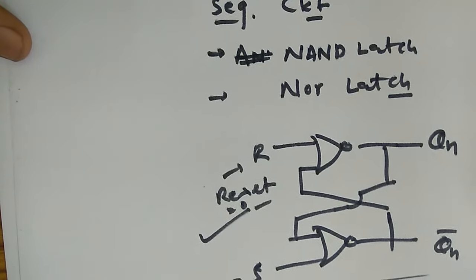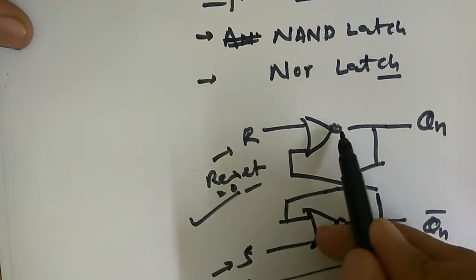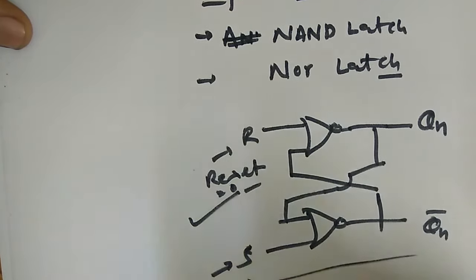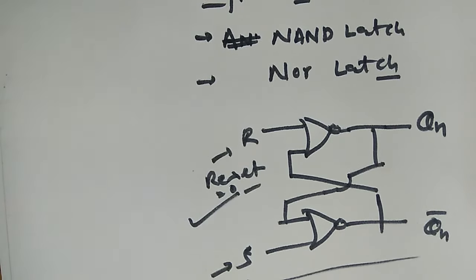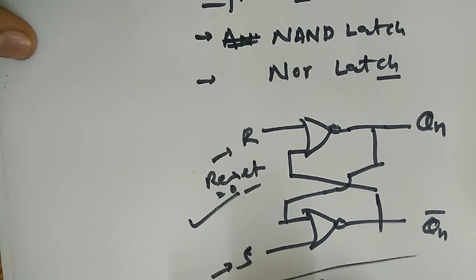The main disadvantage of latch is that for NOR and NAND, we have different truth tables. To eliminate this disadvantage, we will go toward the flip flop. This is called SR latch.